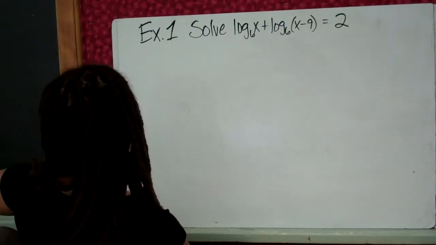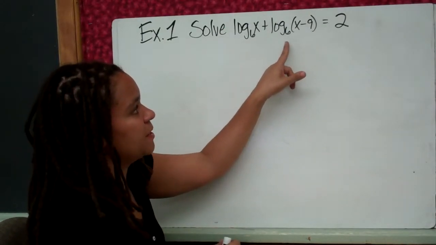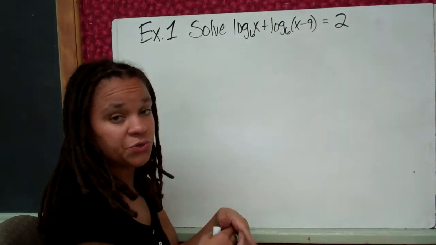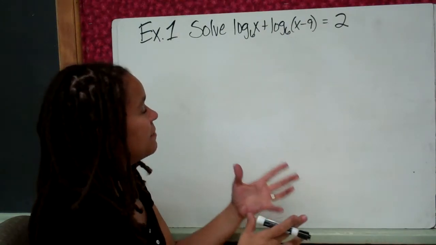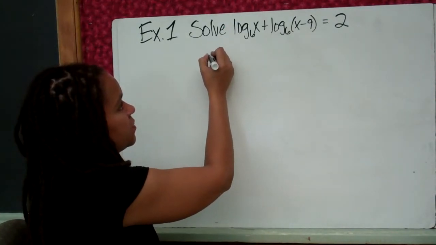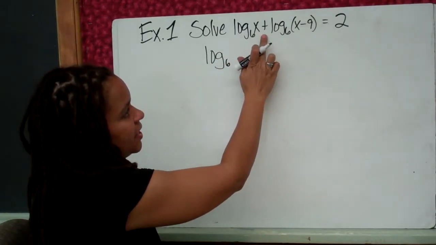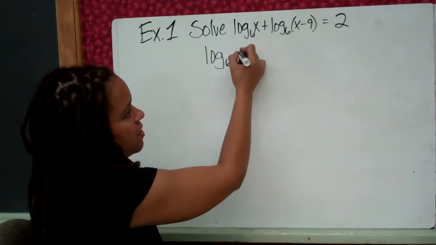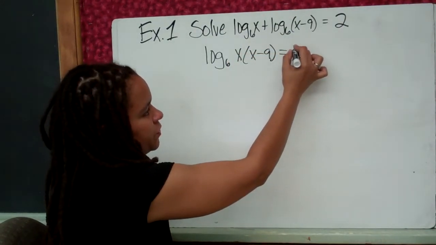So example 1, solve log base 6 of x plus log base 6 of x minus 9 is equal to 2. Well, let's use that property. We know if they're added, that's the same as being multiplied together. So this turns into log base 6 of x times x minus 9 is equal to 2.